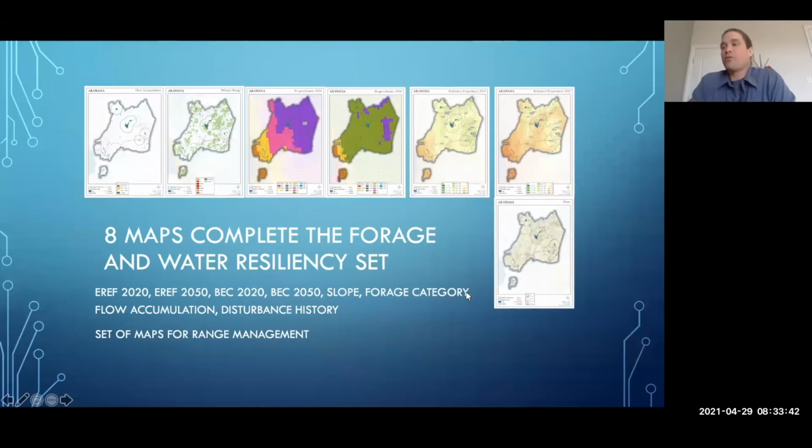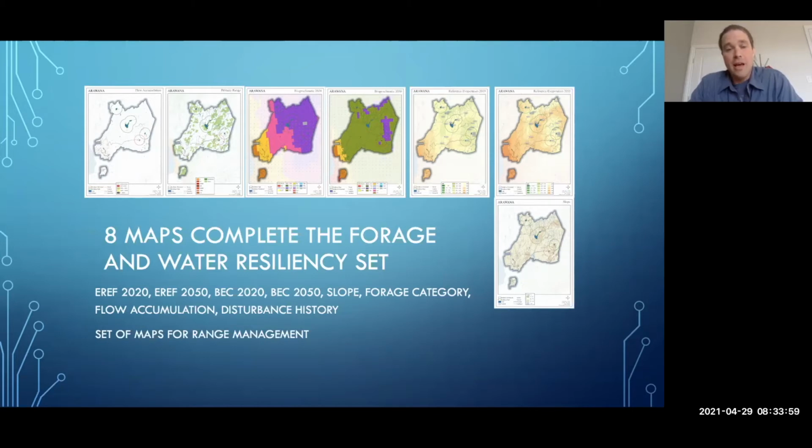So we finished off Tuesday with an overview of the 8 maps that complete the surface water risk assessment set. I've got it listed as forage and water resilience set here, but it's the same project concepts.